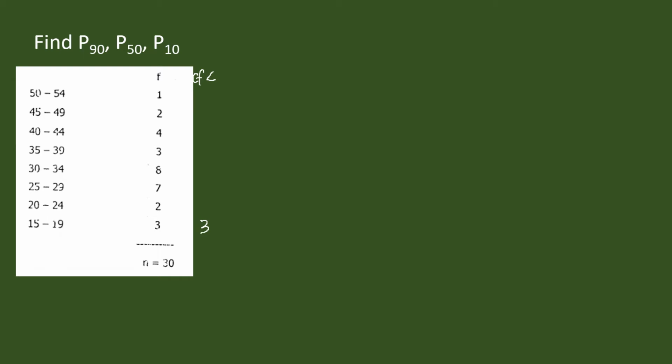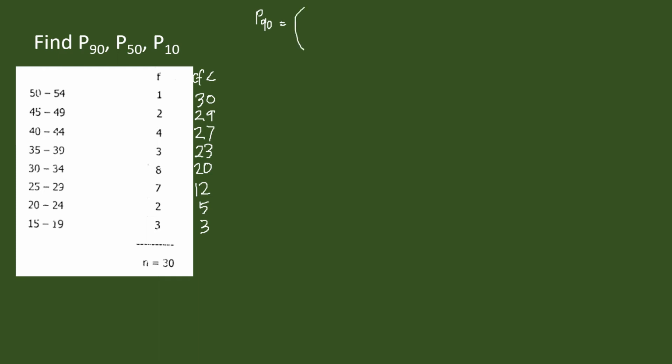We add cumulatively until we reach the highest class interval. So 3 plus 2 is 5, plus 7 is 12, plus 8 is 20, plus 3 is 23, plus 4 is 27, plus 2 is 29, plus 1 is 30. After that, we can now start looking for the different percentiles. So let's start with P90.